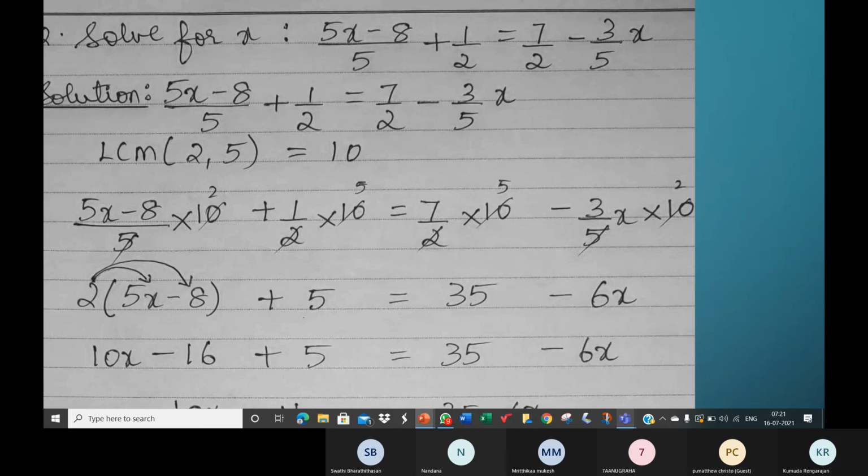No, take two at a time and simplify. Take only two at a time. No, I want it from you. I'm not going ahead.